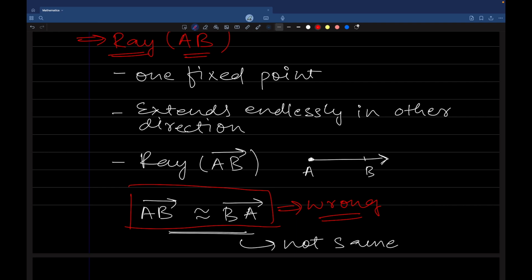Why? Because the direction of AB is not the same as the direction of BA.